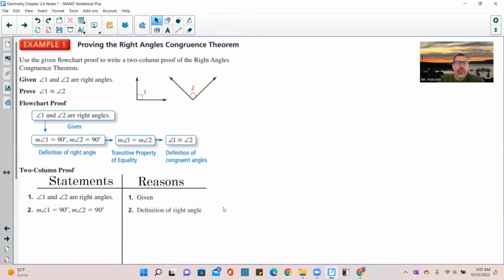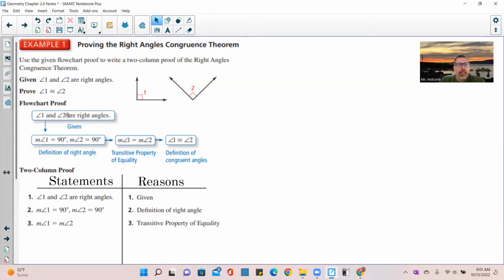And that is the definition of right angle. If you have an angle and it's a right angle, it must be 90 degrees. So now we know that angle 1 is 90 degrees and angle 2 is 90 degrees. Okay. So now we can say the measure of angle 1 equals the measure of angle 2. And the reason is the transitive property, because if two things are equal to the same thing, they're equal to each other. That's the transitive property of equality.